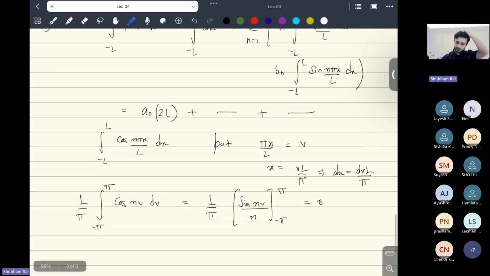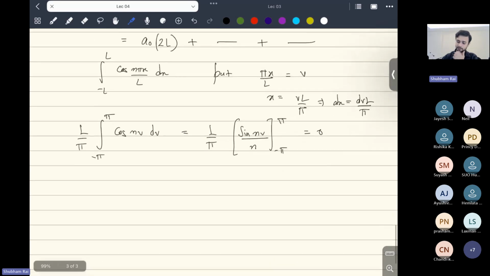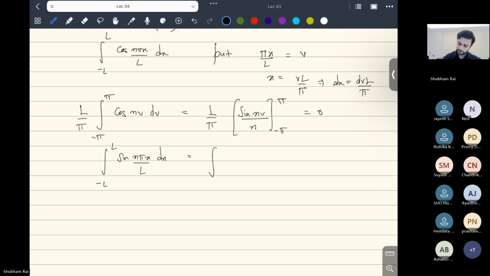So it doesn't matter what is the value of your n, this integral is going to be 0. So it means this whole thing will go to 0. Now let's see what happens to this sine n pi x by L. So we have the second integral from minus L to L of sine of n pi x by L. Similarly, if we substitute pi x by L equal to V, we will get from minus pi to pi L by pi sine nV dV, right?